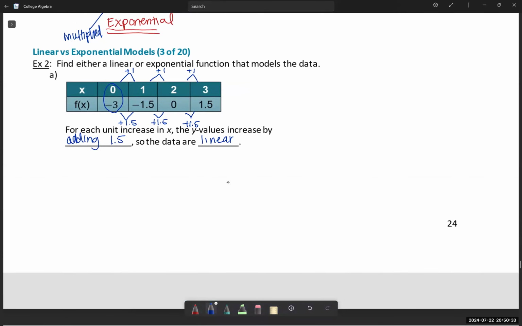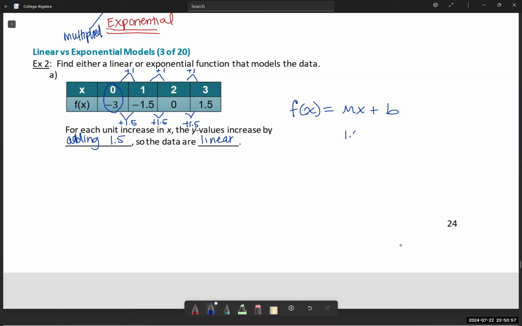For this first one, we know it's linear, so it should be f of x equals mx plus b. We need to know our rate of change, and the rate of change is the change in y over the change in x, or the change in the output over the change in the input.